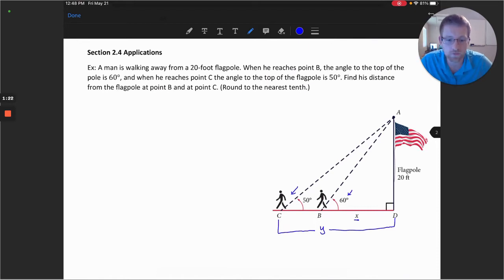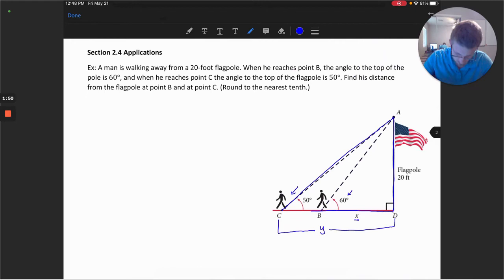So let's consider first how we would calculate the value for y, that full distance from point C to the flagpole. We'll just call this variable y, that whole distance. If I want to consider that distance, notice that we have a right triangle on this outer edge formed with our flagpole and the ground.